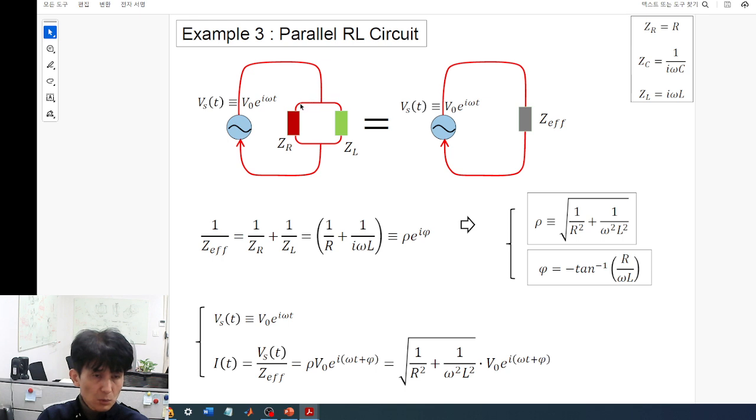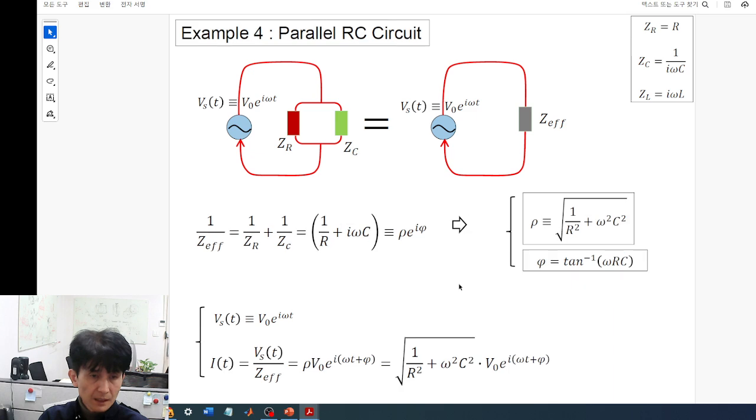We don't know what is the current passing through this component and this component, because the current coming into these two components connected in parallel is the total current IT. This is the total current passing through this whole circuit. So we don't know yet what is the current passing through the resistor, what is the current passing through the inductor.